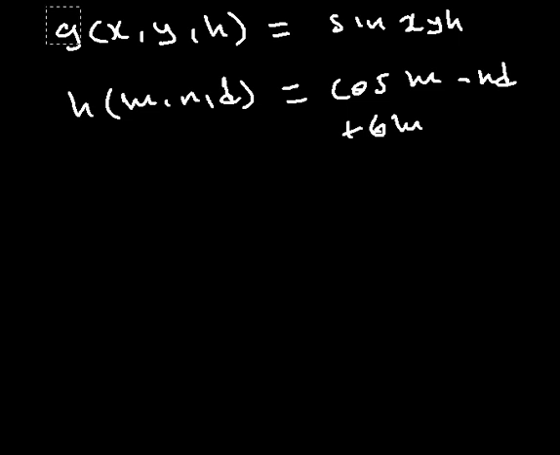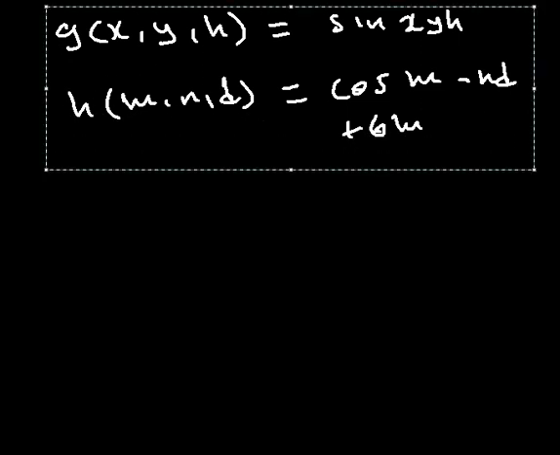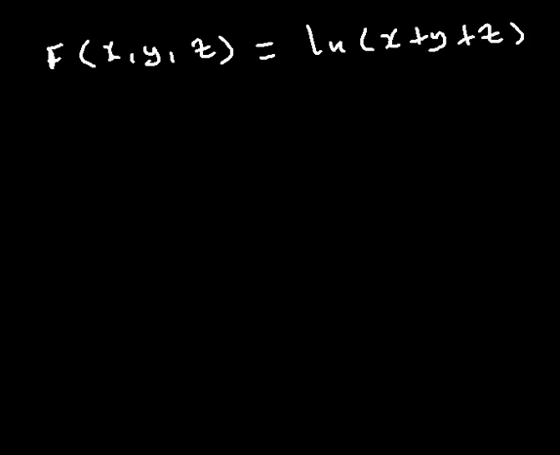And let's say we can have f of x, y, z, which can be given as ln x plus y plus z. We can have that. So those are the examples of the functions with three variables.